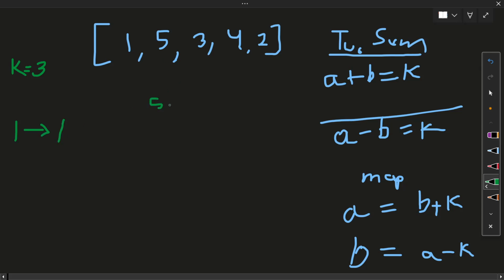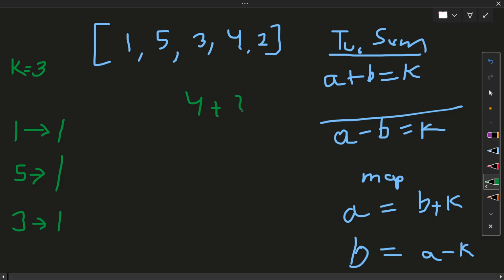Next we have 5. So we need to check whether 5 plus 3 is present and 5 minus 3 is present. No. So we need to store 5. The frequency is 1. Next we have 3. So we need to check whether 3 plus 3 and 3 minus 3 is present. No. Then store 3. Then we have 4.